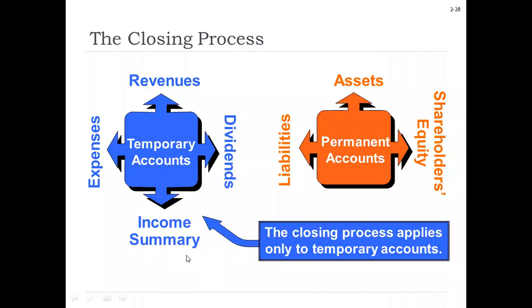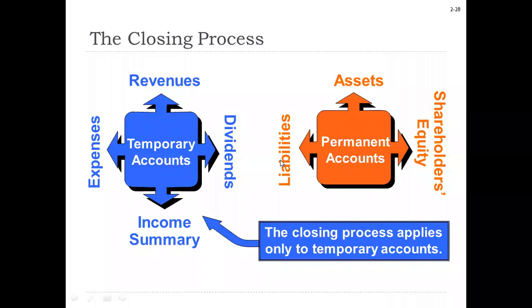Okay. We then close out this income summary. We close it out by closing it against retained earnings, which we'll see when we do the homework. And dividends are also closed out against retained earnings. Okay, so these are the accounts that we close out or zero out at the end of the accounting period.